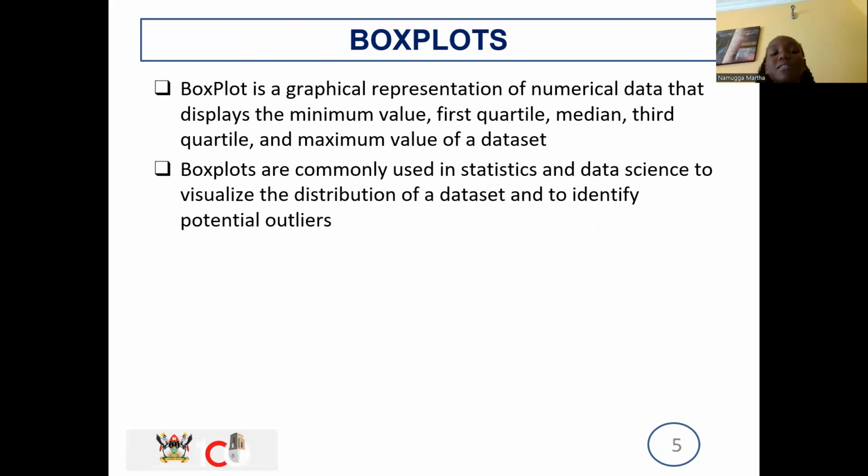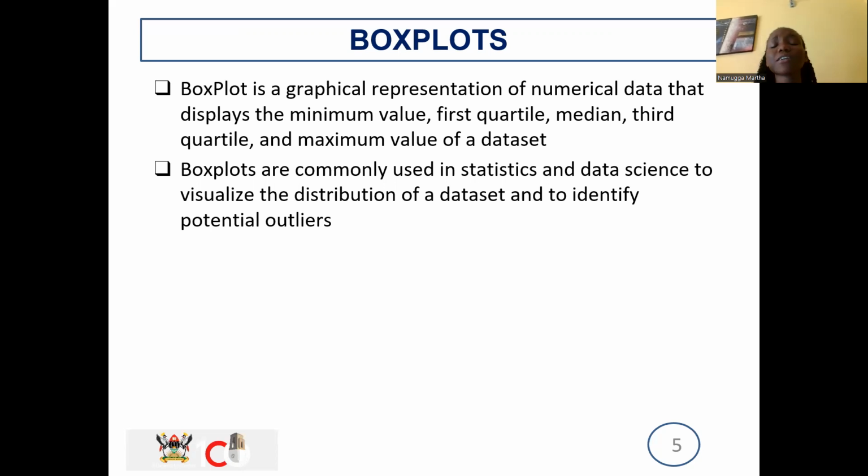All these things are graphical representations. Now here, our main emphasis is on numerical data. So a box plot helps us to display the minimum. So we're playing around with numerical data: minimum value, maximum value, the median, lower quartile.